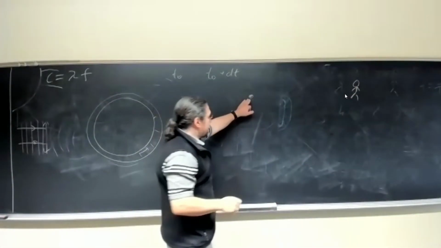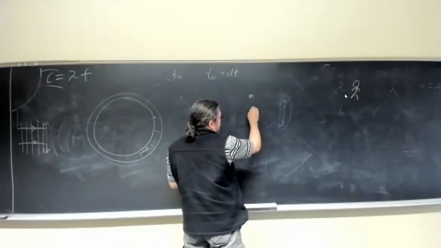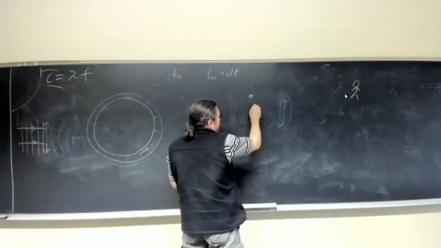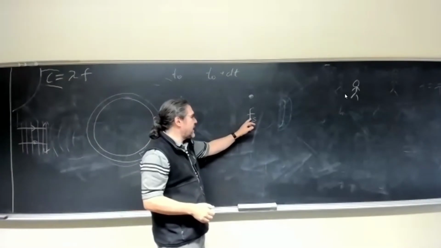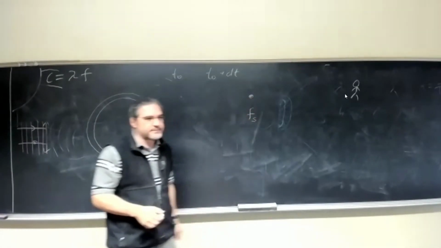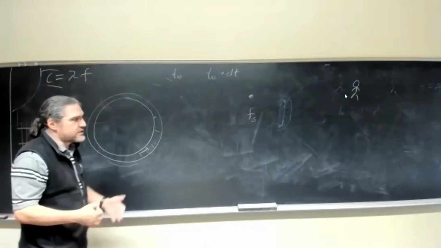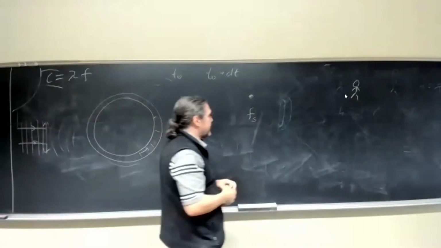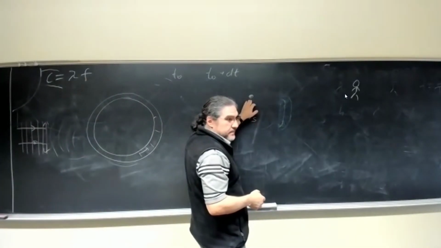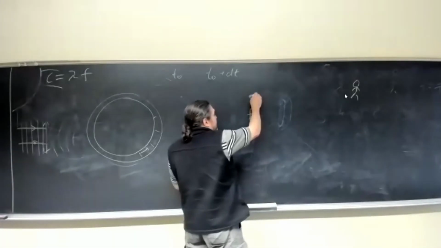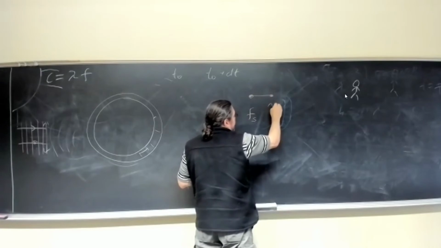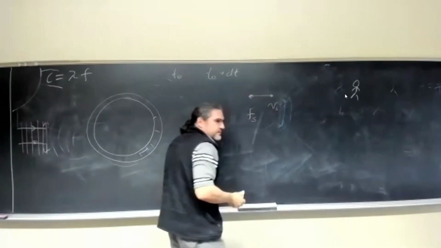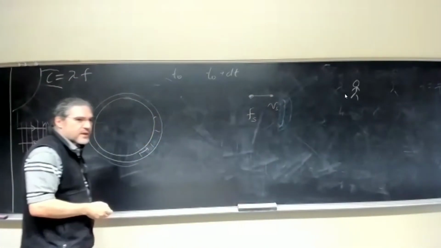And this is a source, right? And so it produces sound with frequency or tone, which I will call the f source, the frequency of the sound which is produced. But now what I want to do, I want to say that this source is actually propagating towards me with velocity v source. Okay?